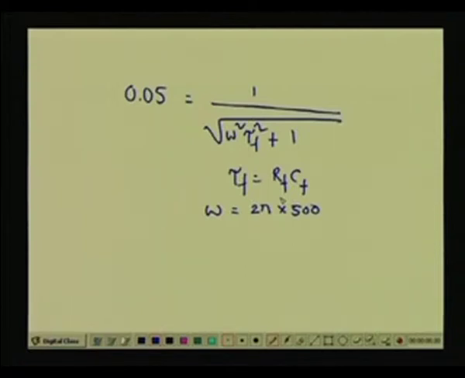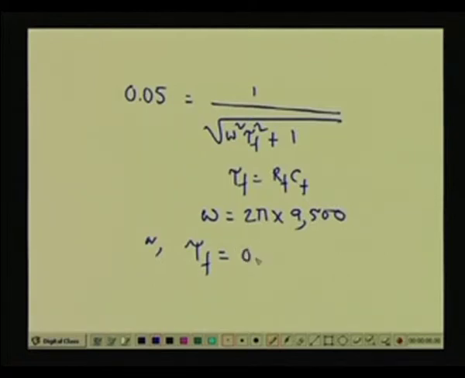So omega is equal to 2 pi into 9,500. So, tau f, the time constant of the circuit, will be given by 0.00033448 second, right.